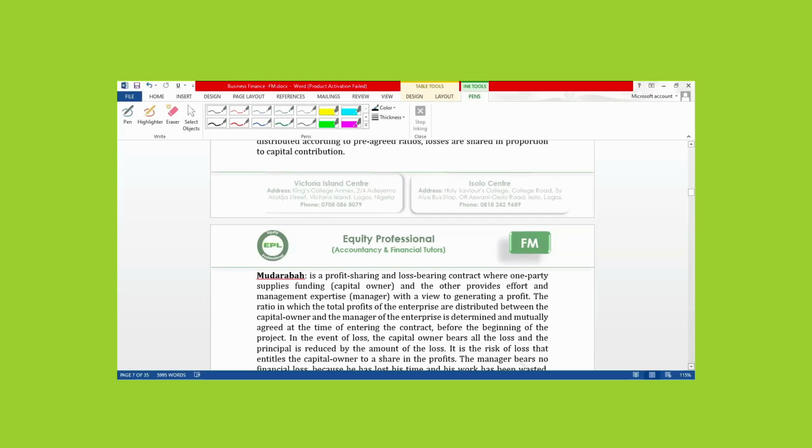The profit will be shared between the owner of the capital and the manager, that is the company. But in the event of loss, the capital provider will bear all the loss.